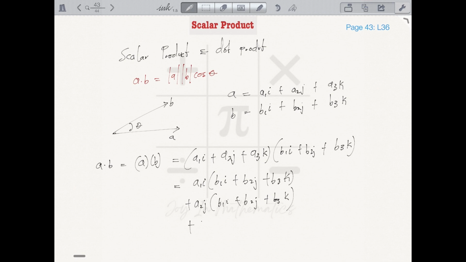And finally, A3k is multiplying B1i plus B2j plus B3k. So with this, we can now move on to evaluate.